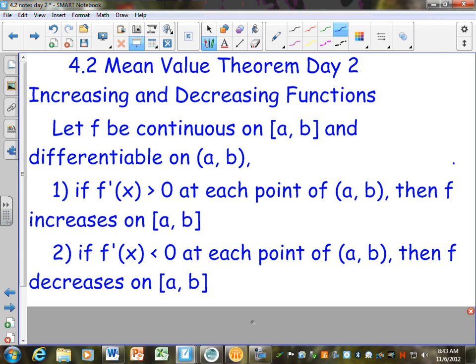And conversely, if the derivative is less than 0, or negative, we know that means the slope is negative, so on that interval the function will be decreasing.